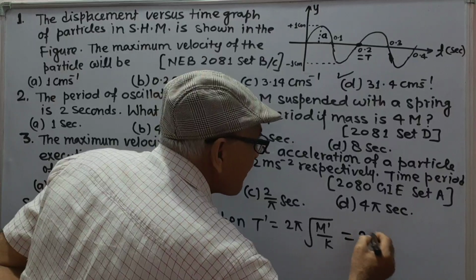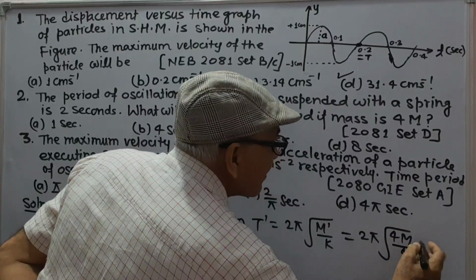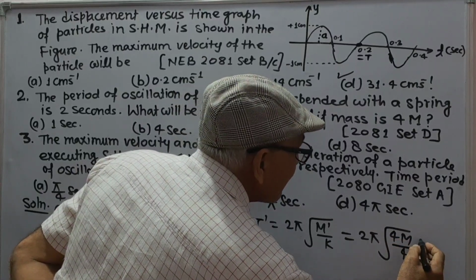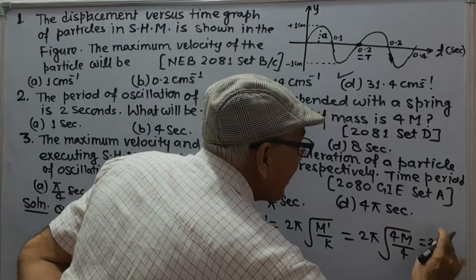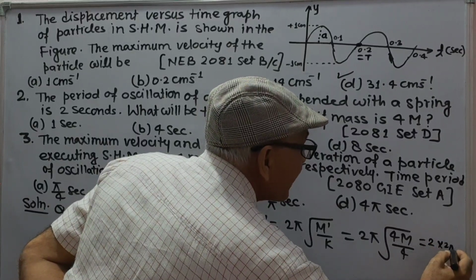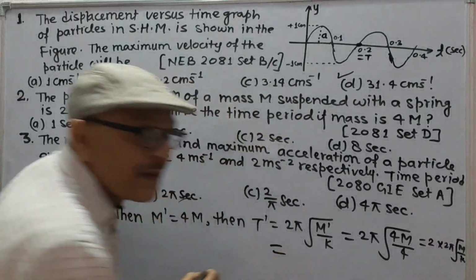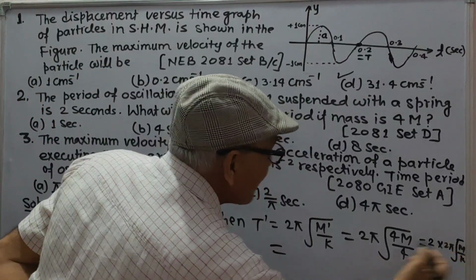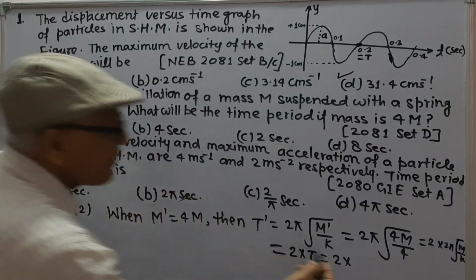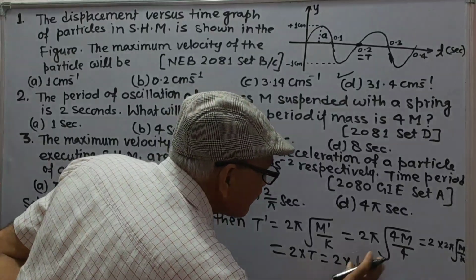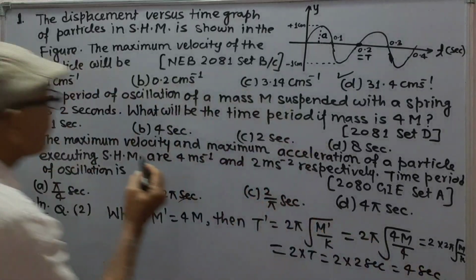It will be 2 pi under root 4m by k, which can be written as root 4 becomes 2, into 2 pi under root m upon k, which is 2 into T. T is 2 seconds, so 2 into 2 seconds means 4 seconds. So the correct option will be B.